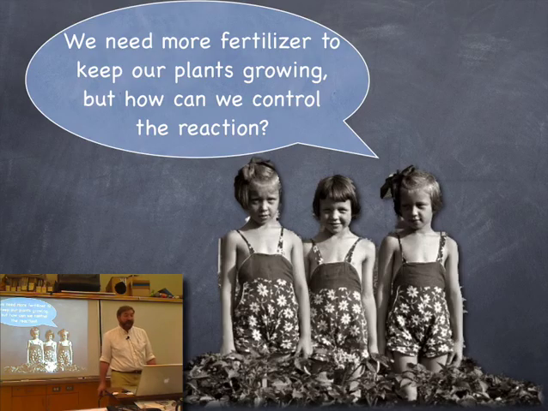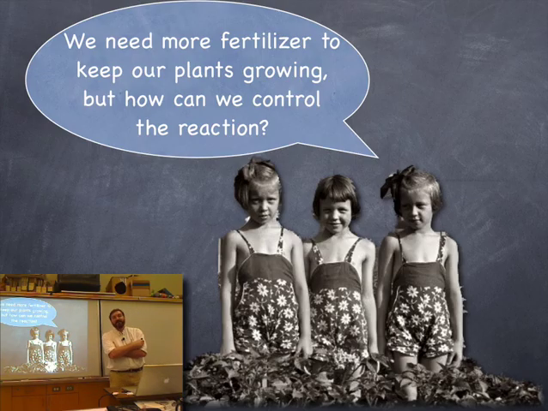So what we have is a group of three sisters who live on a farm, and they obviously have a pretty good crop of plants growing here, but they need to make sure that they can have enough fertilizer to keep those plants growing, so that they can make enough food to support their family, or perhaps their cow.